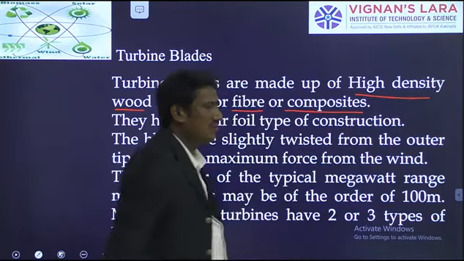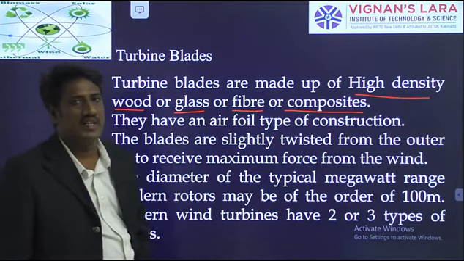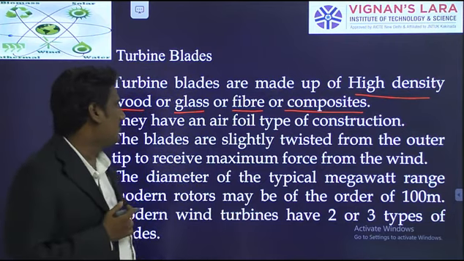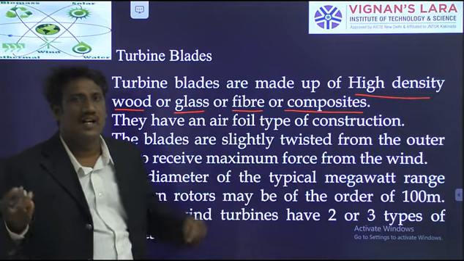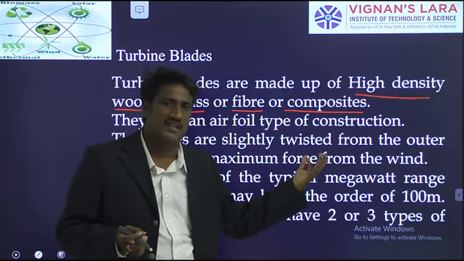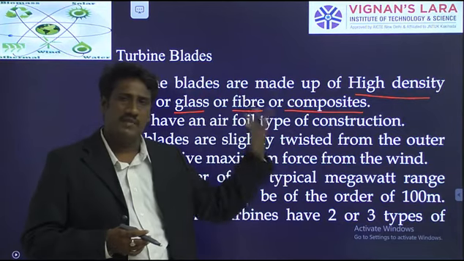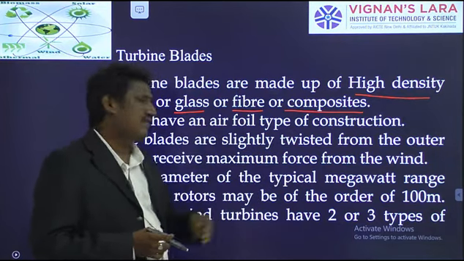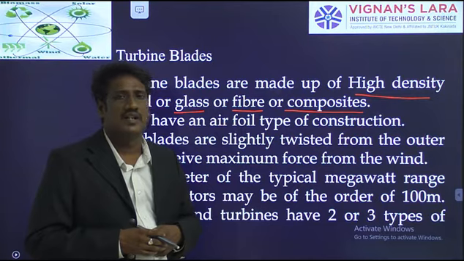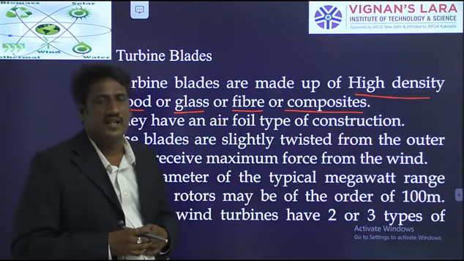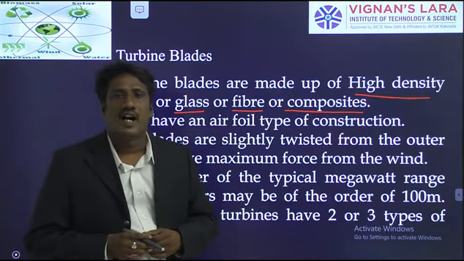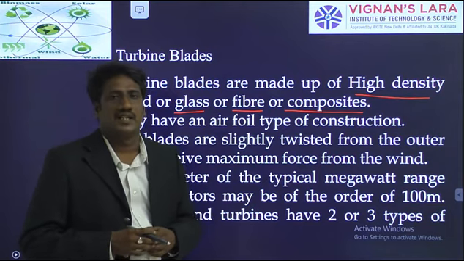They may be made of wood, glass, fibers, or a combination of different materials. A composite is nothing but a combination of different materials, maybe wood and glass, or glass and fiber, to have a high mechanical strength.